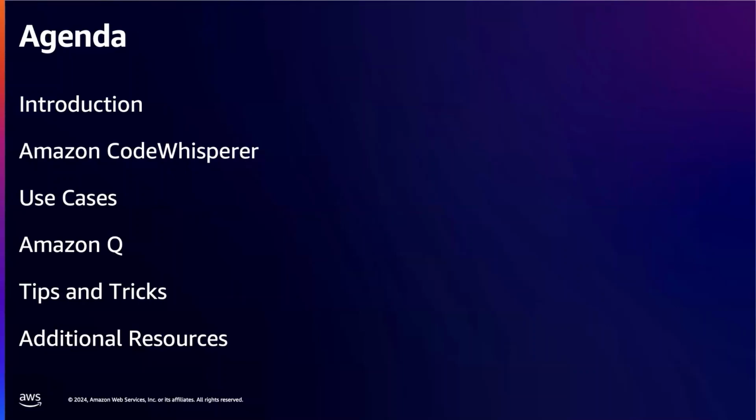We also will talk about Amazon Q, specifically in the context of a builder, right? Amazon Q for builder, which is more about how you can use Q for your code and software development. And we'll talk about tips and tricks, and then wrap up with additional resources which you can use to do more learning.